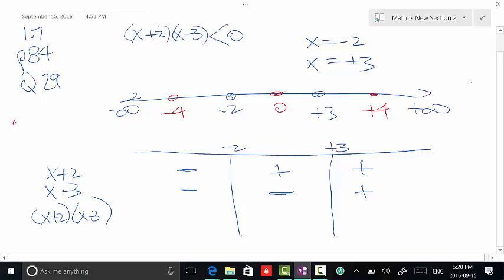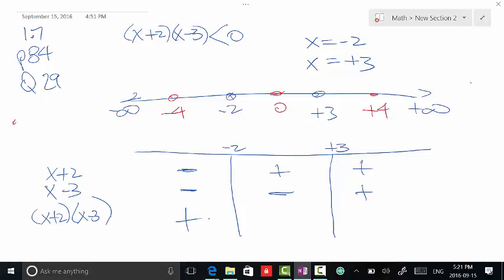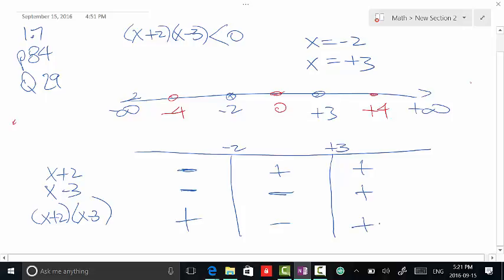So if I multiply x + 2 by x - 3, I'm going to have a negative times a negative, which is a positive. In the region between -2 and +3, I'm going to have a positive multiplied by a negative, so the result will be negative. Finally, for the region between +3 and positive infinity, I have a positive times a positive. The result will be a positive.